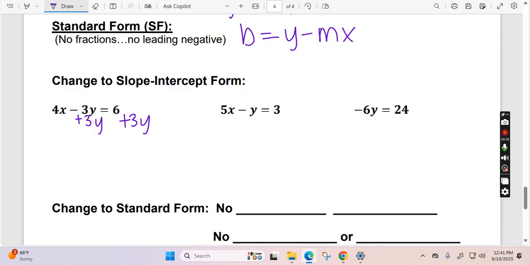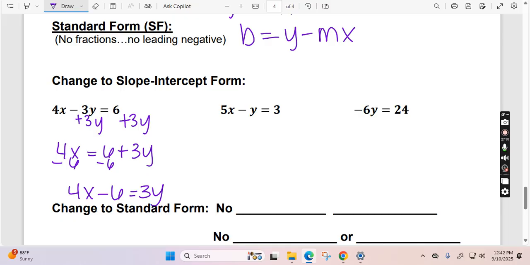So I'm going to add 3y to both sides, and I'm left with 4x equals 6 plus 3y. What am I going to do now? Subtract 6 from both sides. Now I'm left with 4x minus 6 equals 3y. Am I done? Do I have a coefficient in front of my y?